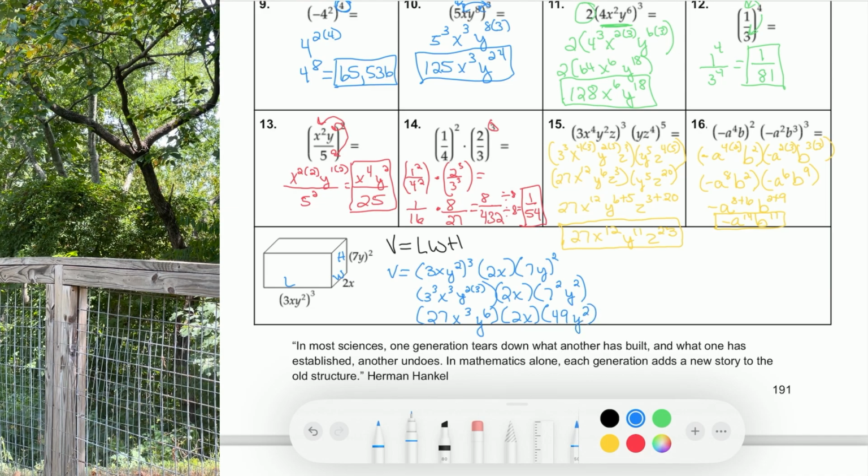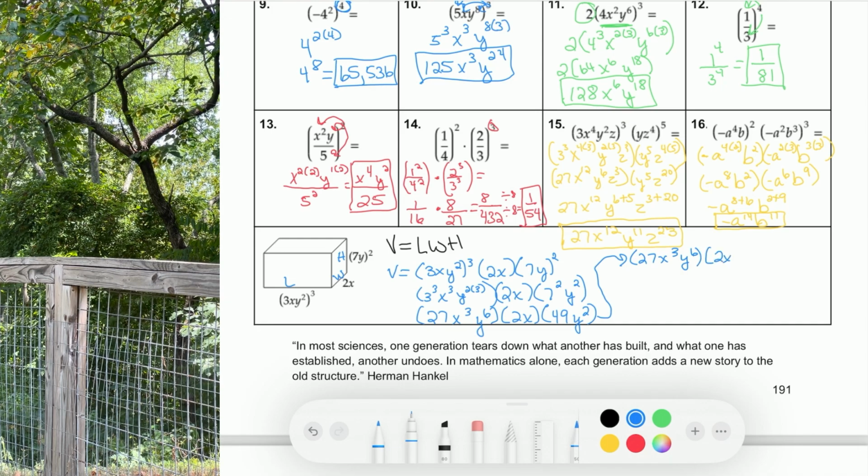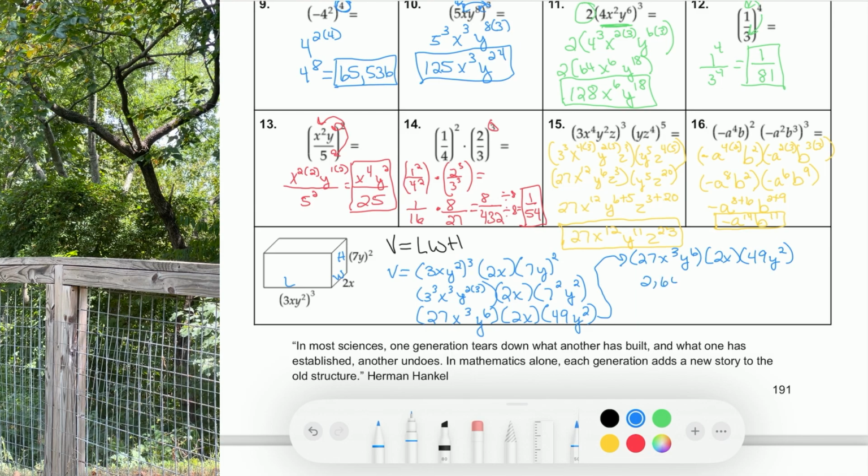I'm going to come up here. I'm going to rewrite this real quick so that we have room to finish out the problem. Make sure I transfer it correctly, don't make any errors. All right, so now we're going to use our product rule. 27 times 2 is 54, and then times 49 is going to give us 2,646.